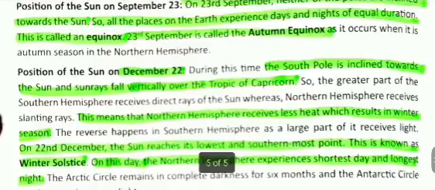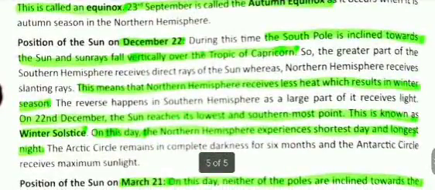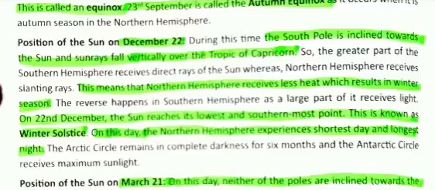The position of the sun on December 22nd. During this time, the South Pole is inclined towards the sun and sun rays fall vertically over the Tropic of Capricorn. So the greater part of the southern hemisphere receives direct sun rays, whereas the northern hemisphere receives slanting sun rays.